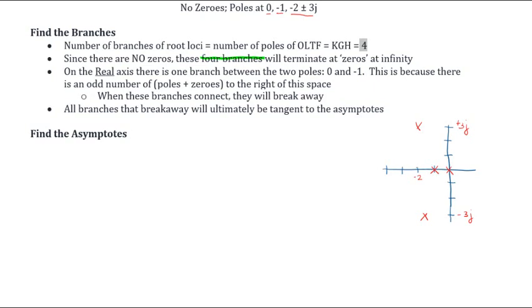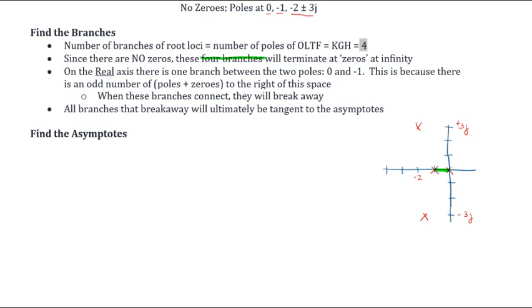To find the branches, remember that finding these initial branches is just what's on the real axis. If we look there, yes, there is going to be a branch there because there's an odd number of poles plus zeros to the right of the green branch.